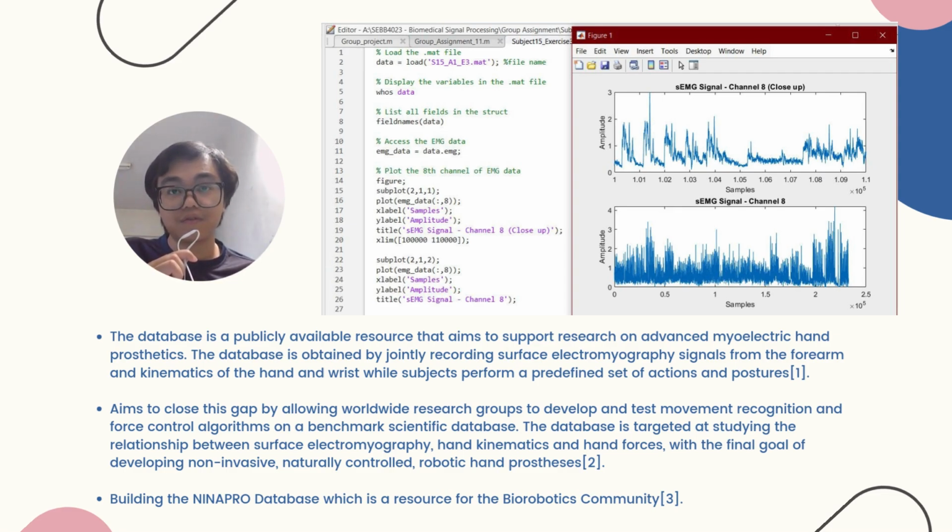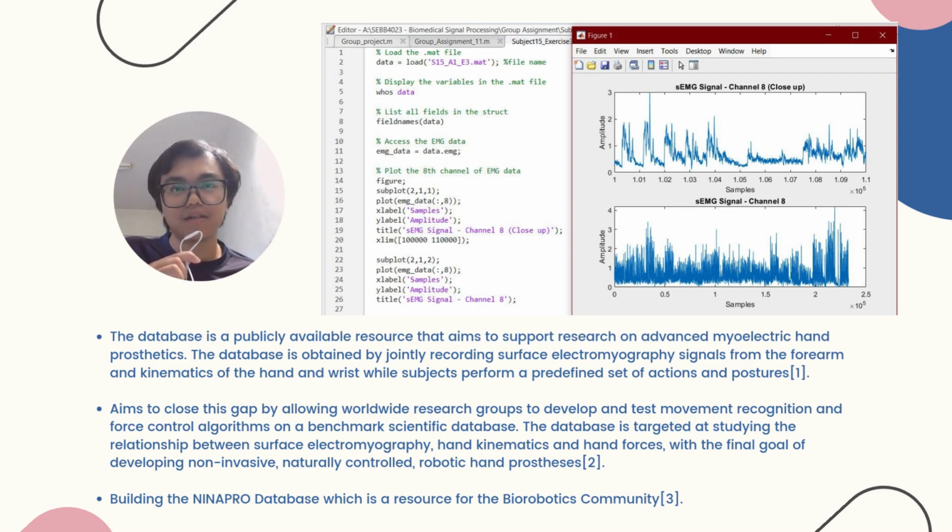There is a literature review here explaining the purpose of the EMG recordings on the Nina Pro website. The first is to support research on advanced myoelectric hand prosthetics, where the database is obtained from the sEMG of the forearm and also the kinematics of the hand and wrist of the subjects while performing predefined actions.